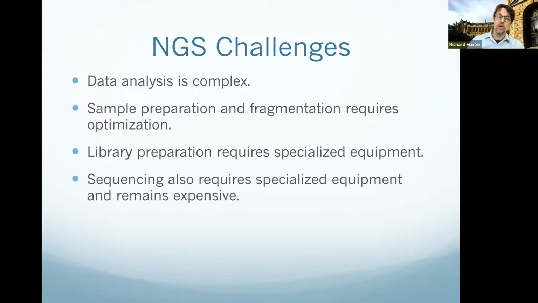Okay, so it's pretty complicated. The preparation and fragmentation require some expertise and optimization to do. You need specialized equipment. The sequencers are $500,000+. So getting into this, although you can pay someone else to do it, and you can do these projects for a few $1,000s now as opposed to tens or hundreds of thousands sometimes, still requires the infrastructure to do this.